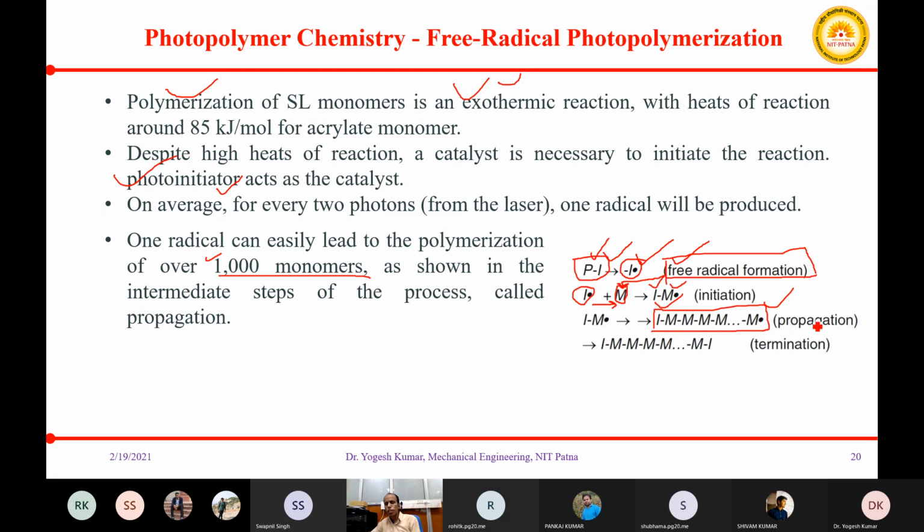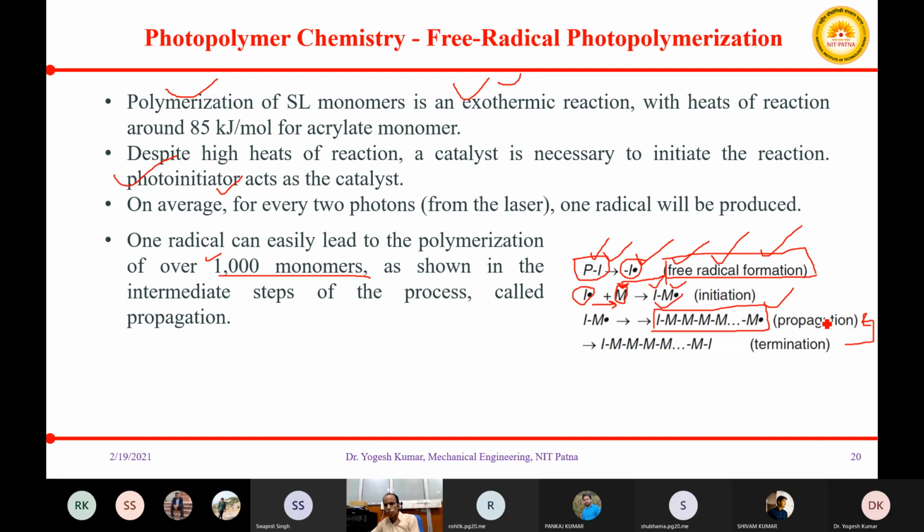Then certainly after propagation, as soon as we stop the exposure of UV radiation to this liquid photoresin, the creation of free radicals is stopped, as soon as we stop the UV laser.